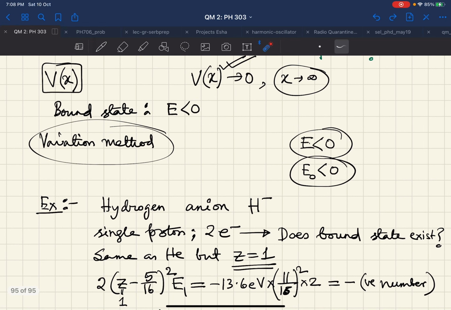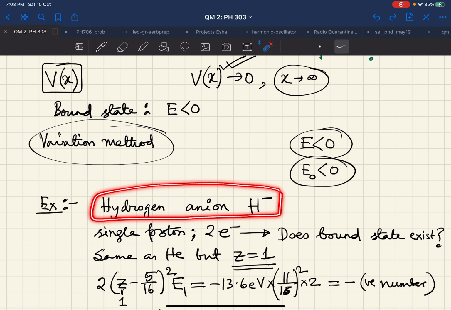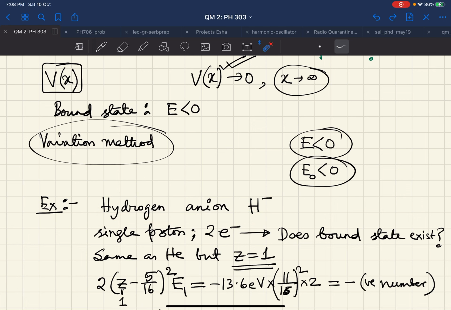For example, let us take the hydrogen anion, H minus. H minus has a single proton and 2 electrons. But the question is, does a bound state of a single proton and 2 electrons really exist? You can analyze it the same way that we did for the helium atom.